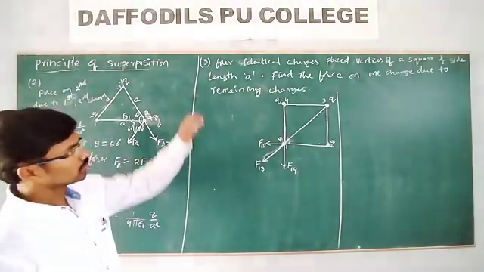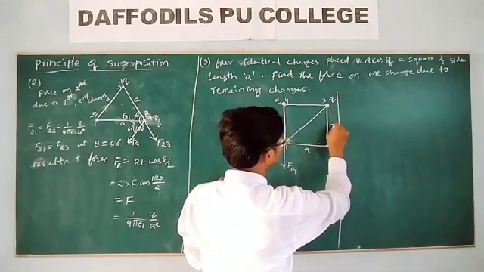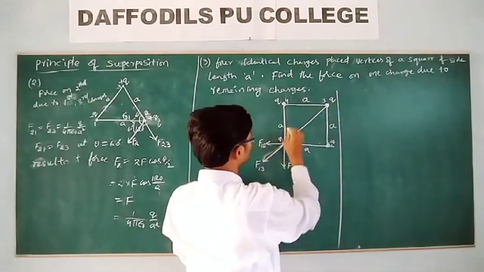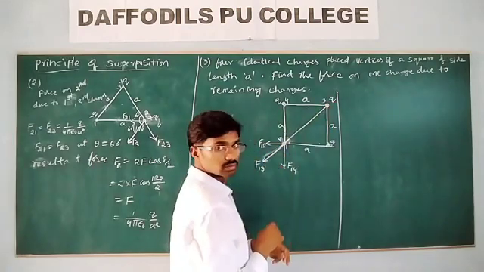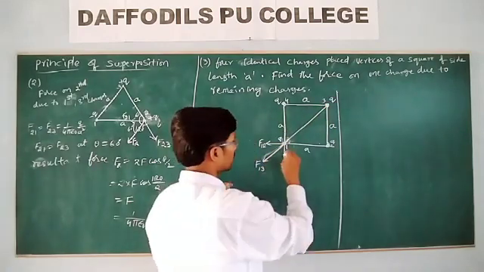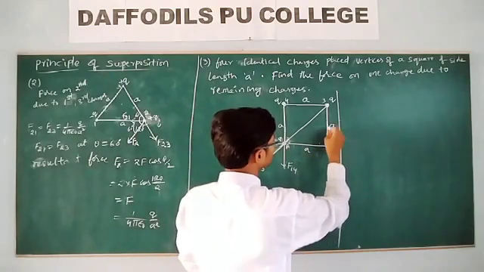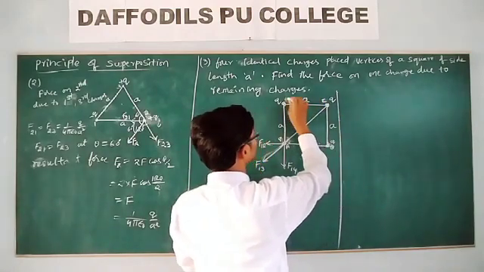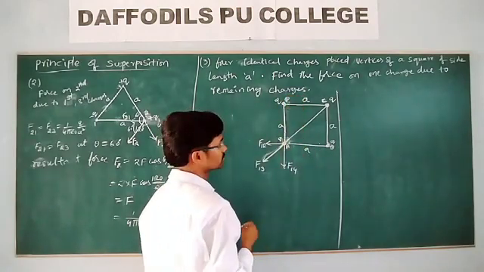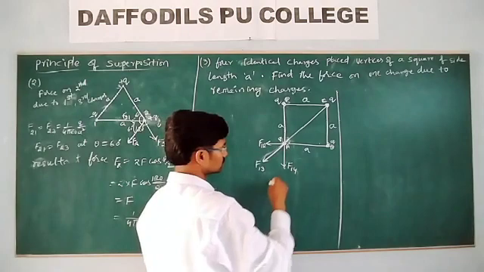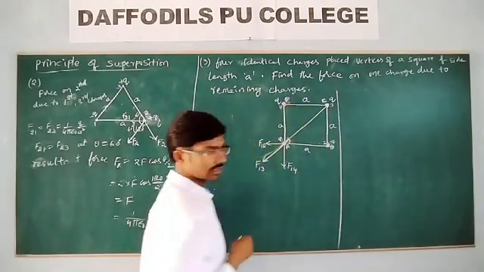You can understand one thing: the side length is A. But tell me, what is the distance from 1 to 3? Let me take here A, B, C, D, or 1, 2, 3, 4, anything can be taken, no problem.